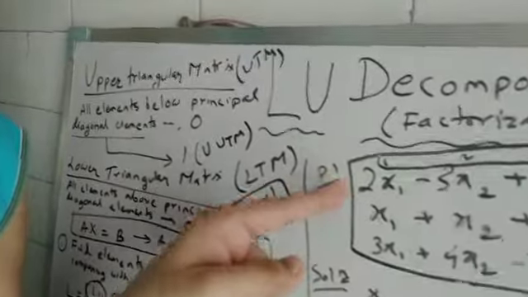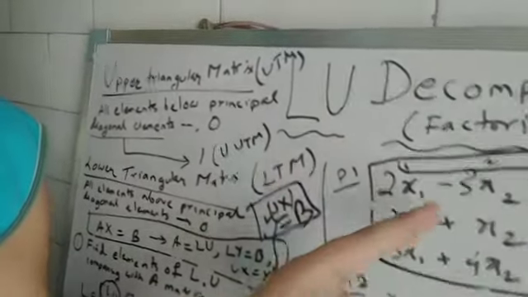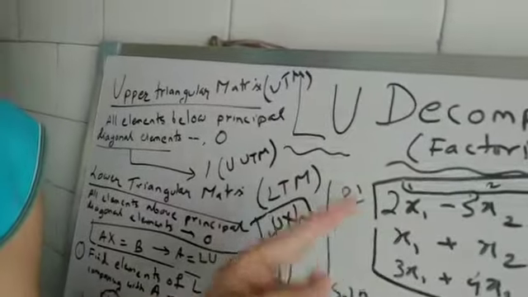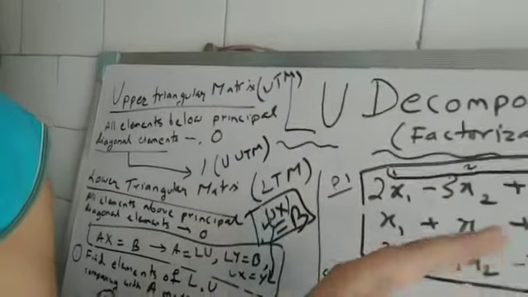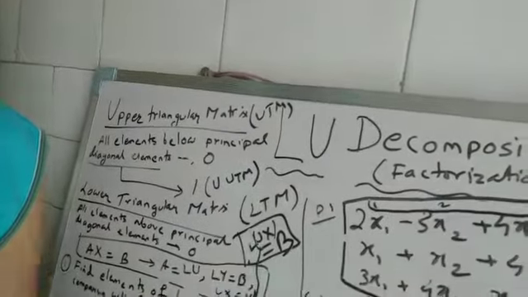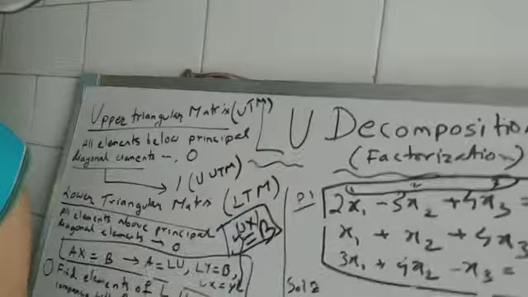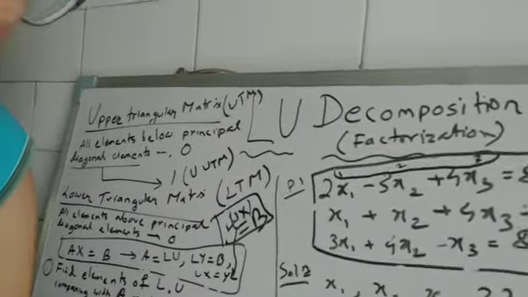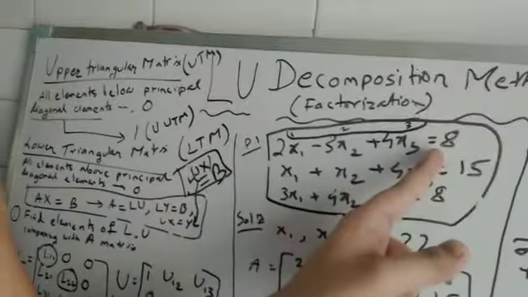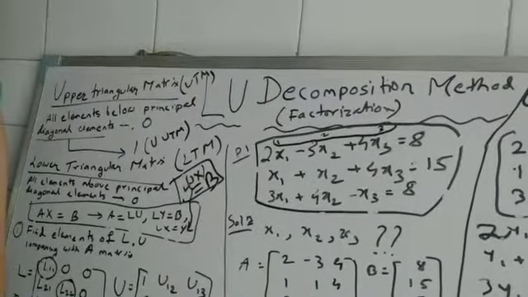So if we just multiply, 2 into 1 is 2. Minus 3 into 2 is 6, so 2 minus 6 is minus 4. Plus 4 into 3, 12. So plus 12 minus 4, how much is it? Plus 8, right? So plus 8. That means our solution is perfectly okay.